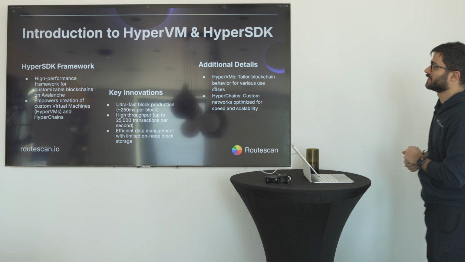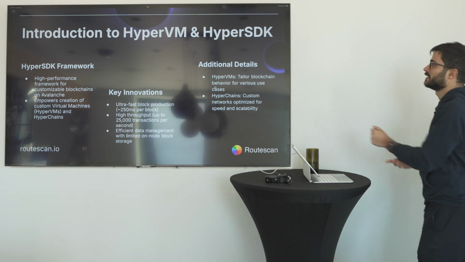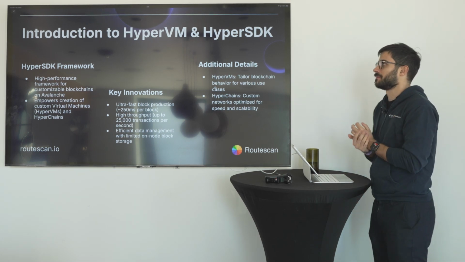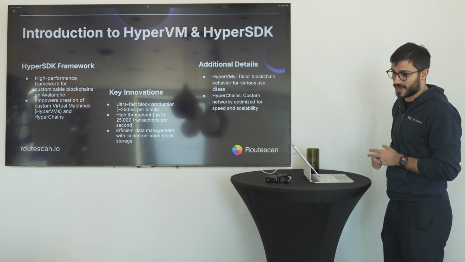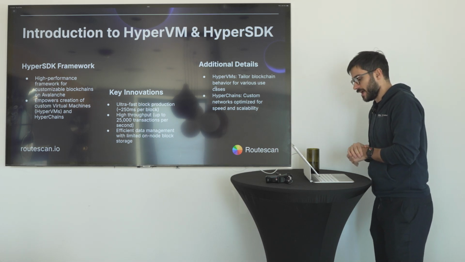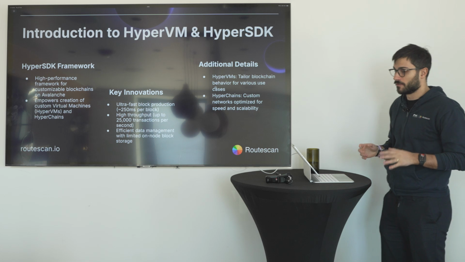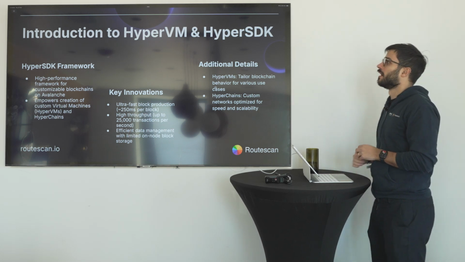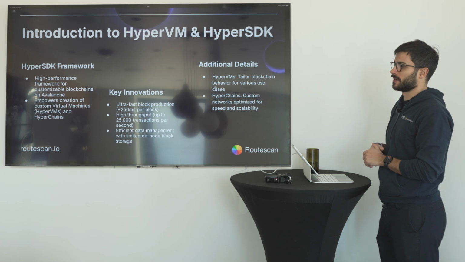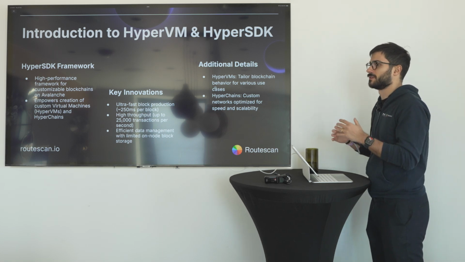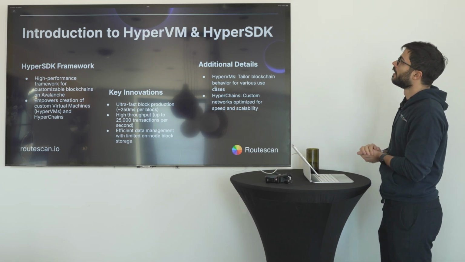So what's the key innovation? Ultra-fast block production at 250 milliseconds per block, and high throughput of up to 25,000 transactions per second. Actually, there was a peak of theoretically 140,000 transactions per second. And there's efficient data management because there aren't as many attributes and data fields as the EVM currently has.